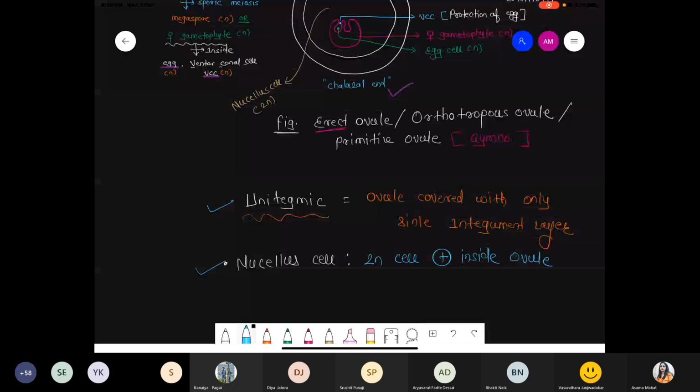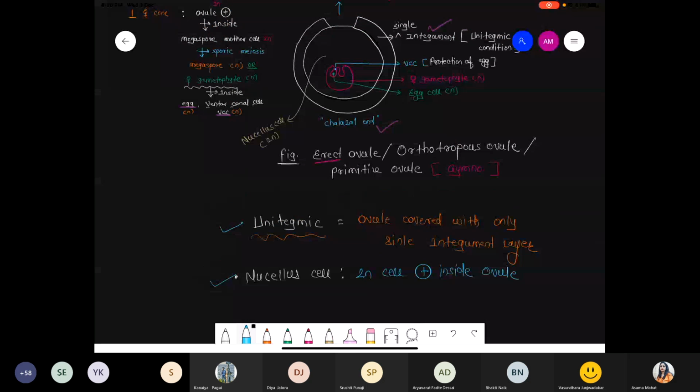What is the function of the nucellus? We'll discuss that later, not now, but just remember it, and please add this point in the diagram. Female gametophyte will be different: it has the egg cell as well as the VCC cell. But except for that area, whatever the surrounding area is, that surrounding area is called the nucellus, which is diploid in nature. Got it?